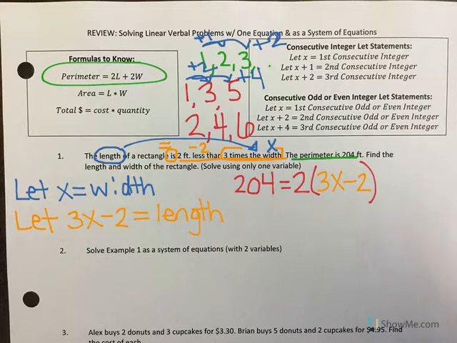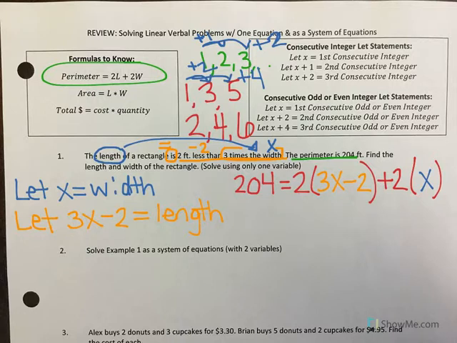And then we also have to add in 2 times the width. And we know that the width is represented by x. Now, if you want to pause the video here, you can go ahead so that you can solve for the length and the width using this equation that we just created.